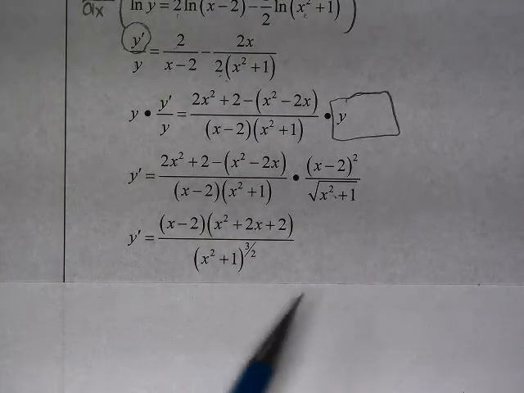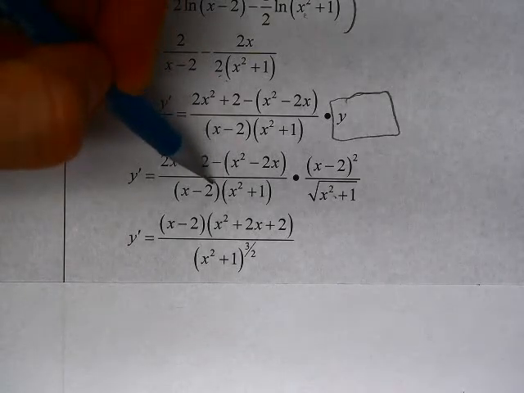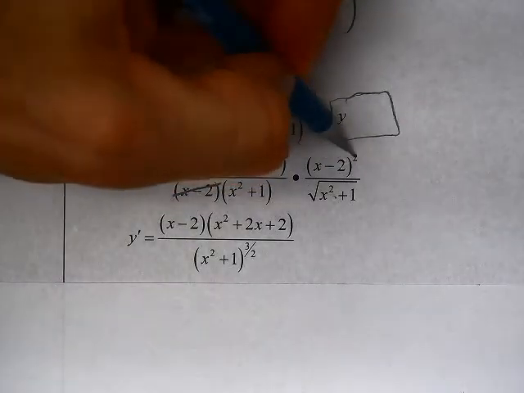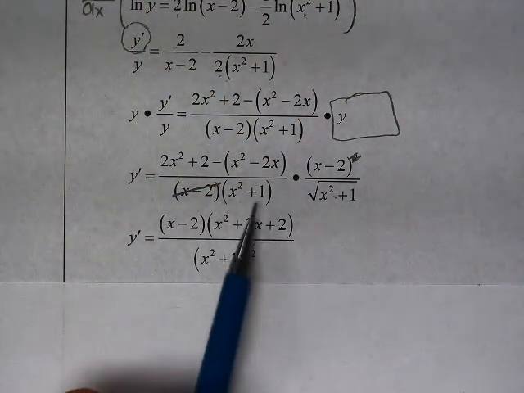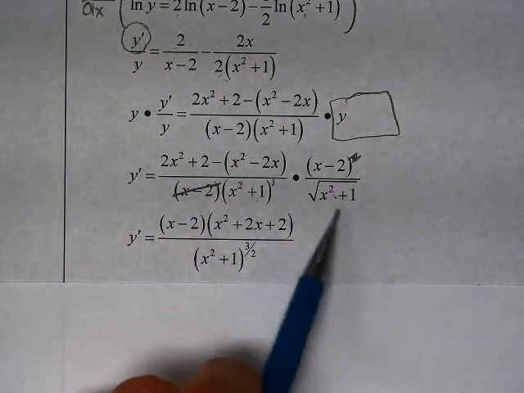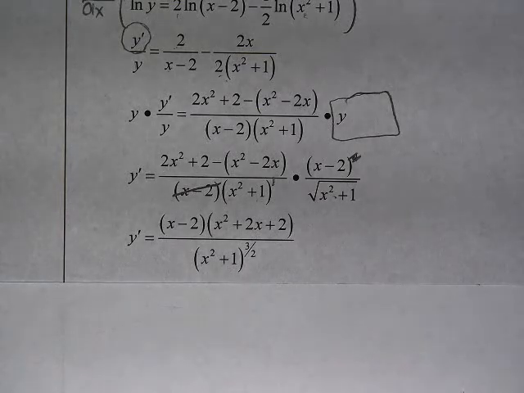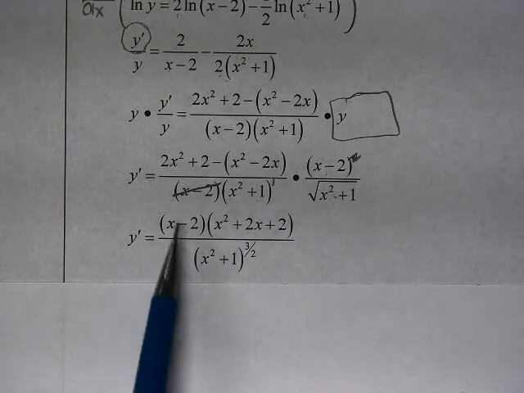When I do that, take a look at what happens here. x minus 2 cancels one of these x minus 2's. I have x squared plus 1 to the first power times x squared plus 1 to the 1/2 power. So I add those exponents. I get x squared plus 1 to the 3/2. This x minus 2 I've written here.